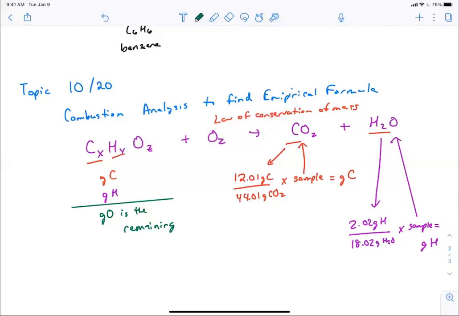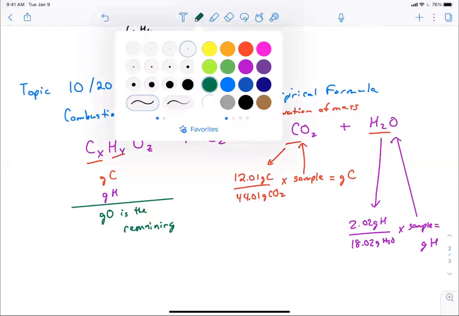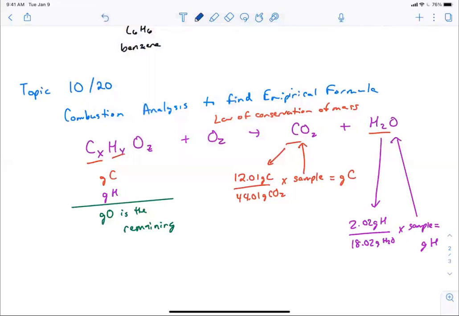And again, I noticed on the topic 10 or 20 test that in one of the problems I had N, and then I had N2 over here. And for some reason, students didn't want to just assume all that N was over there. They were trying to do something like 14.01 over 28.02 times N2, but it's not 14.01, it's 28.02. 100% of that nitrogen is in your sample.